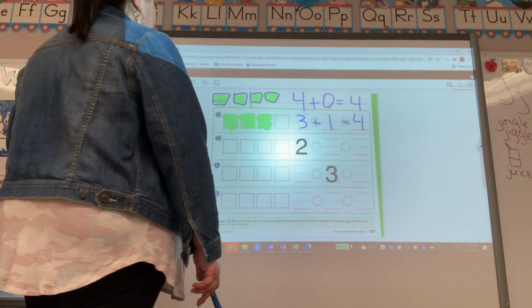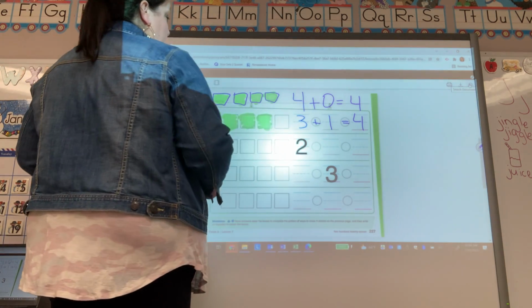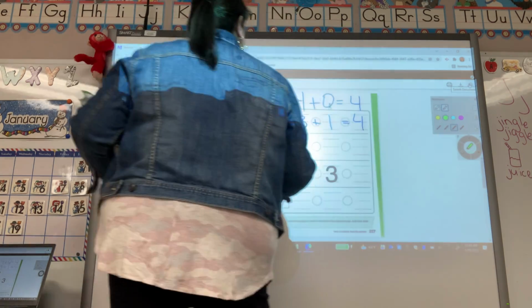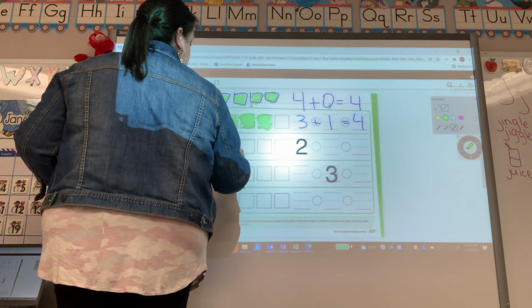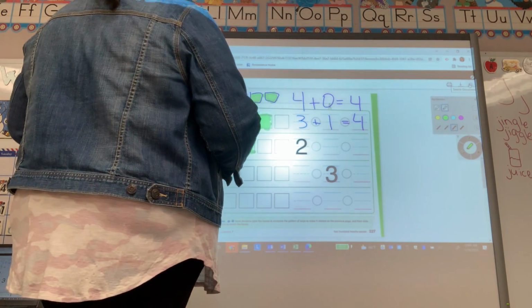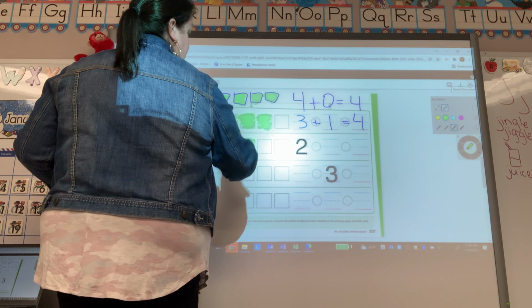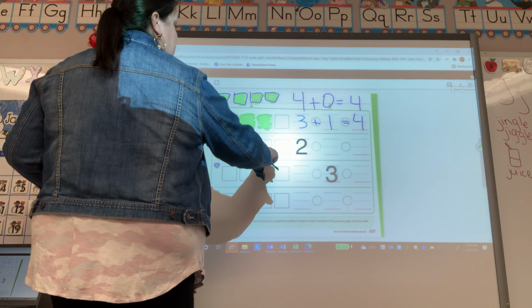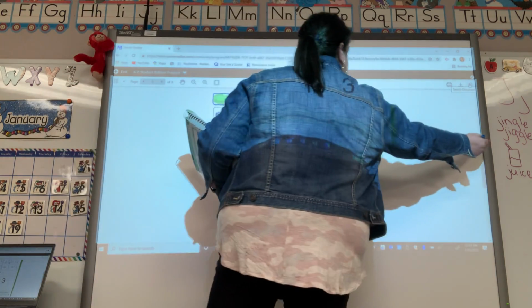Now, the next one, number 3, they've told us that we're going to have 2 green boxes. So we know that, okay? So what is this saying? We had 3 up here, now we have 2 colored. So we have 2 green and how many white? 2 white.